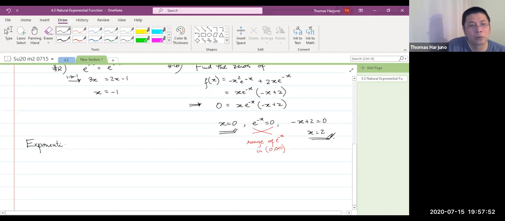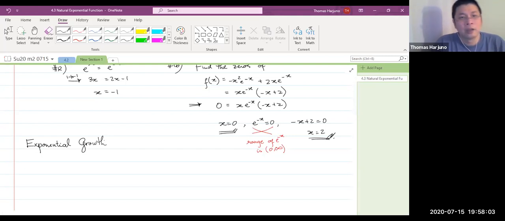It has something to do with bacteria, for example, viruses, or population in general. Let me do number 24.